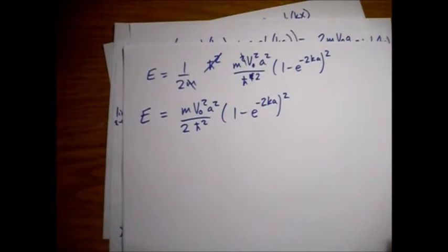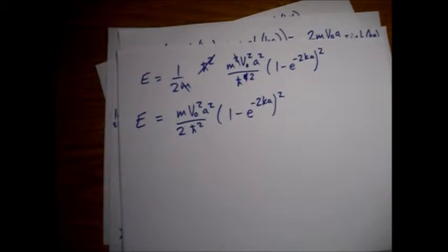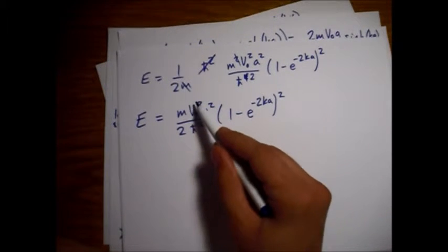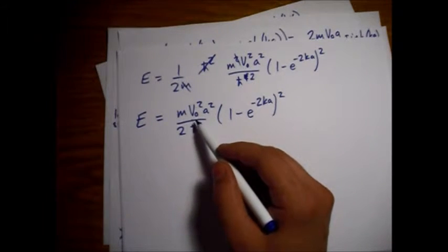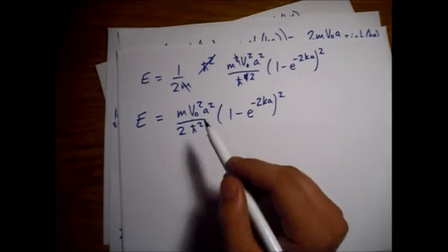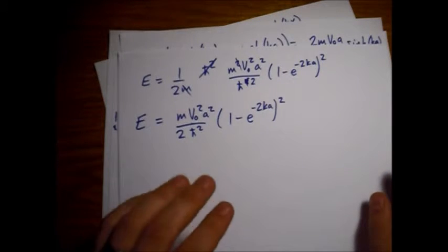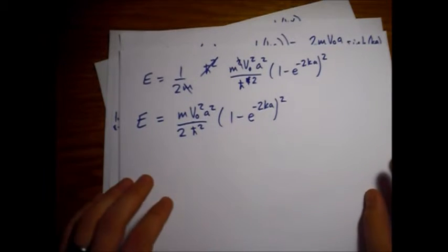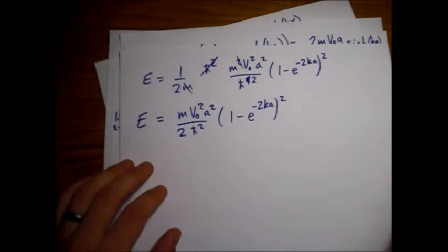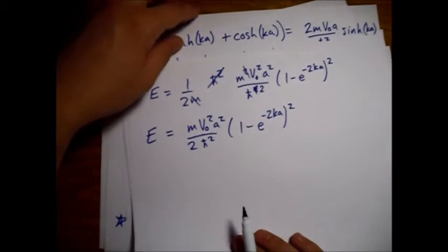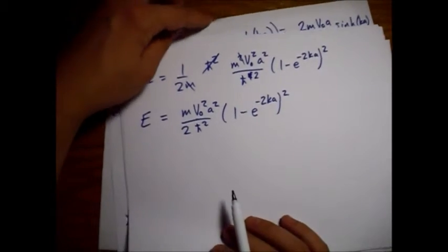Here's our E. Now if we want to ask ourselves the second question, which is, in order to have a bound state, how strong must the potential be? So what is the minimum value of V naught which will give us a bound state?